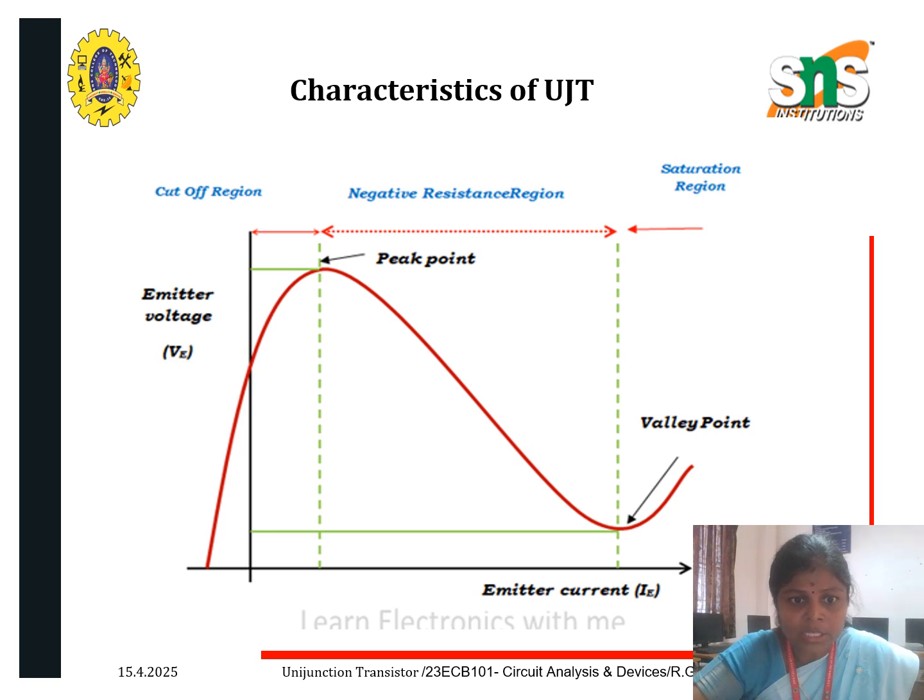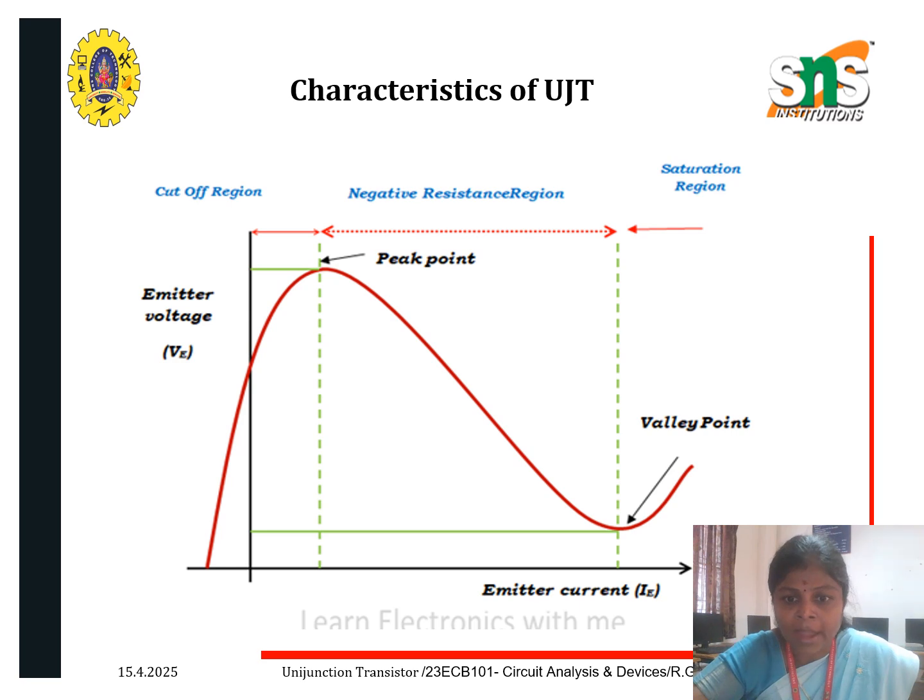In the characteristics, emitter current and emitter voltage are plotted on the x-axis and y-axis. When we keep on increasing the supply voltage, the emitter current as well as emitter voltage increase. After reaching a certain emitter voltage, the peak point, the emitter voltage keeps on decreasing as we increase the current.